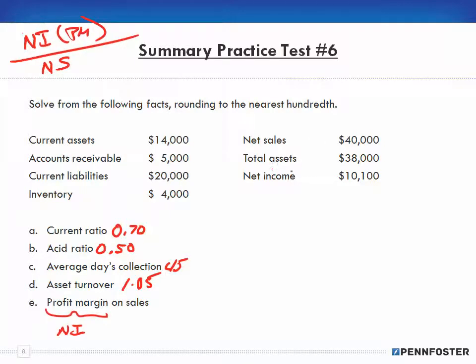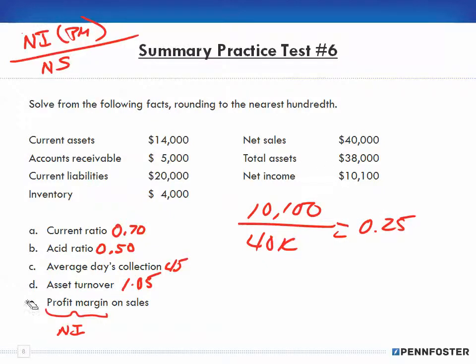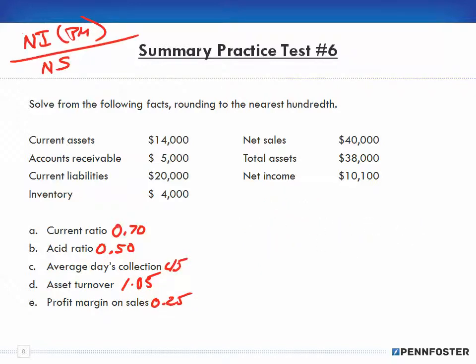My net income is 10,100 and my net sales are 40,000. When I divide one from the other, I end up with 0.25. So with that said, I'm done with this summary practice test.